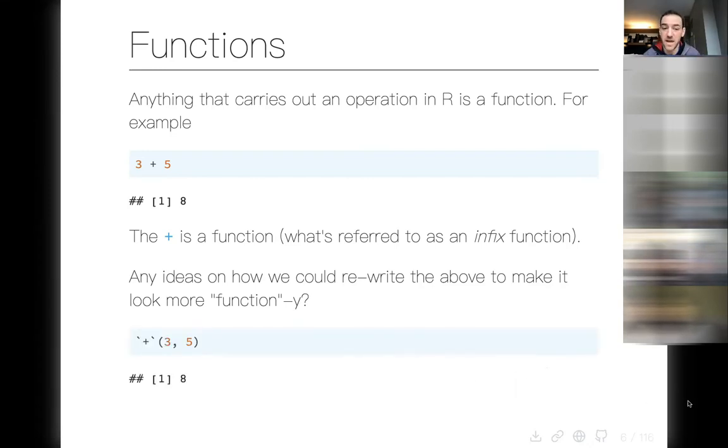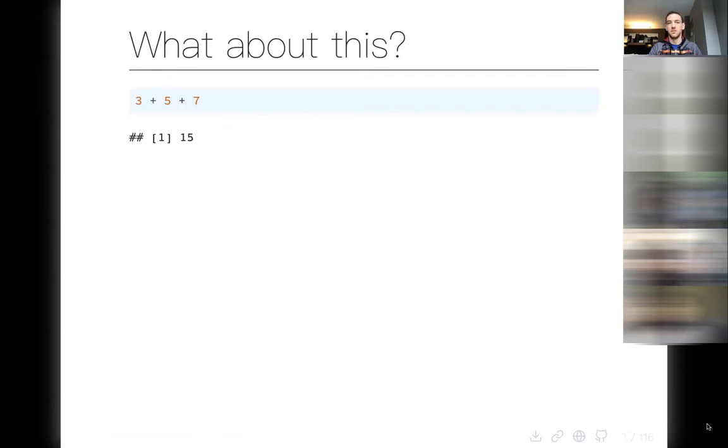So I could surround the plus operator with backticks and then do 3, 5 in parentheses, and we get the exact same result. Okay, so this is a function. There's nothing that really distinguishes it from any other function, except that it's an infix function, which is a little bit strange.